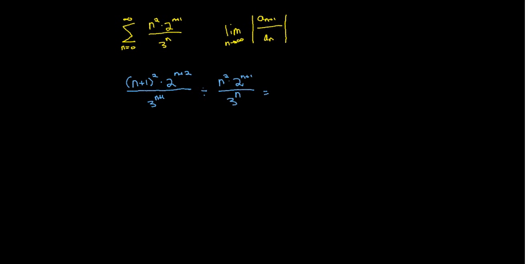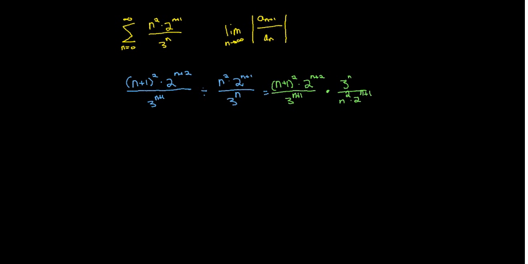So we have n plus 1 squared times 2 to the n plus 2 over 3 to the n plus 1. And we're turning the second one into multiplication by taking the reciprocal, 3 to the n over n squared times 2 to the n plus 1.